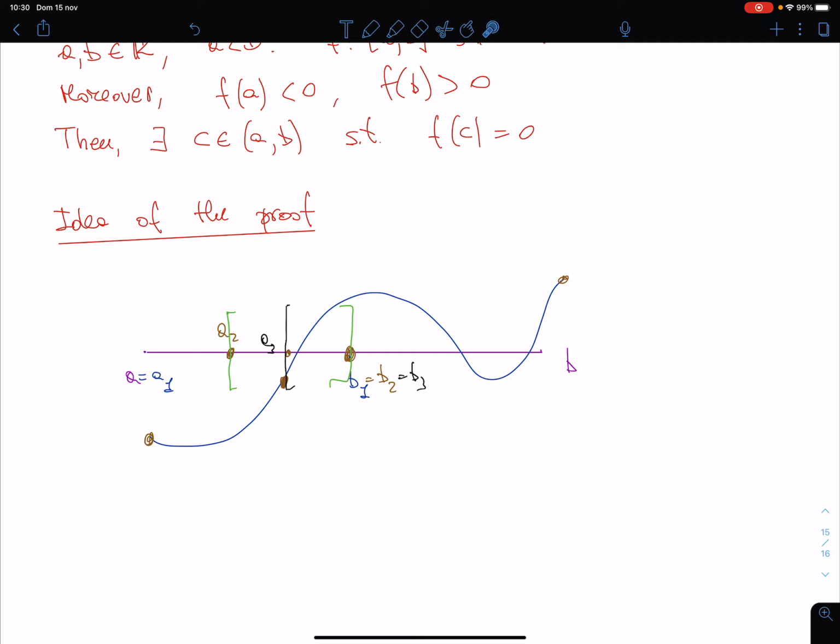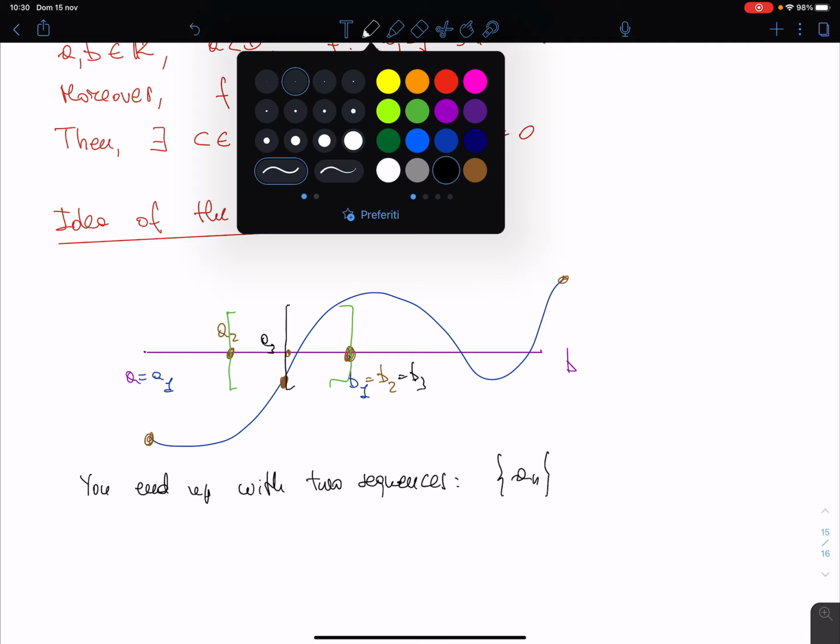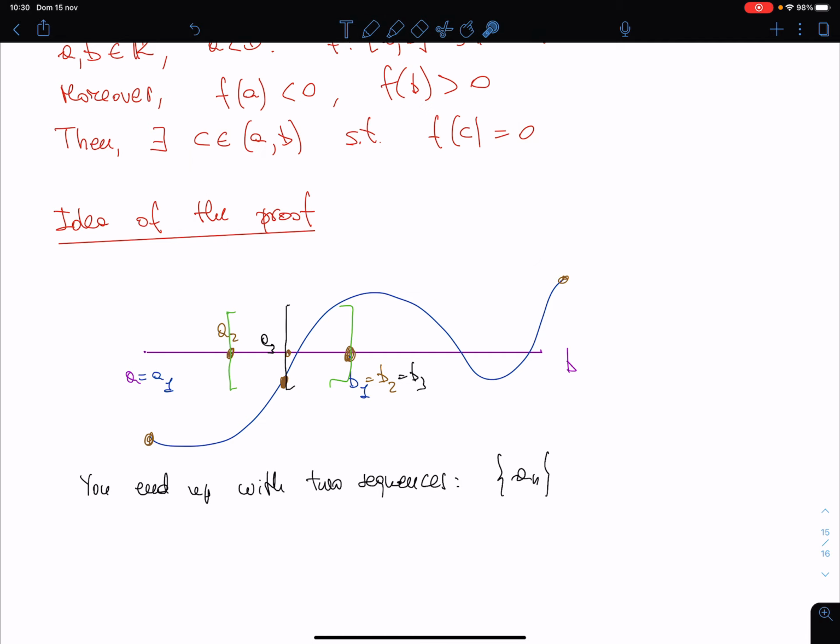So I stop here. You repeat this construction at every step, and what you find is that you end up with two sequences. An, which is the sequence of the left extremes of the intervals that you are considering, so you have A1, A2, A3, and so on, which is monotonically increasing.